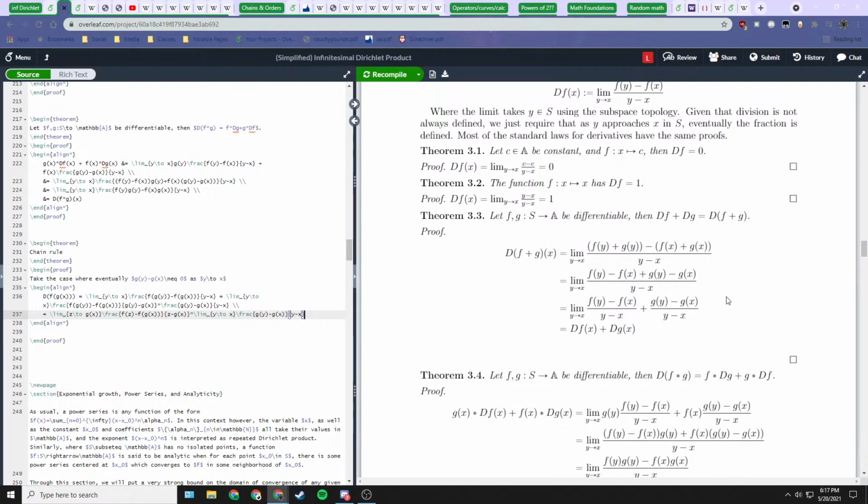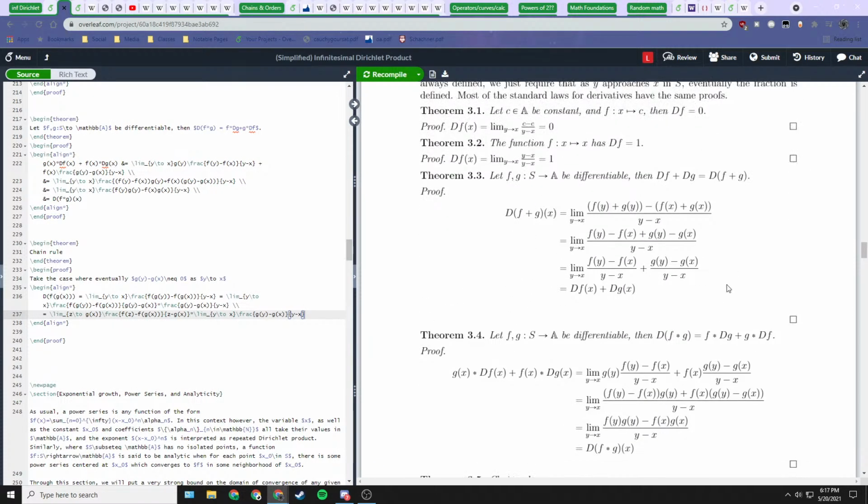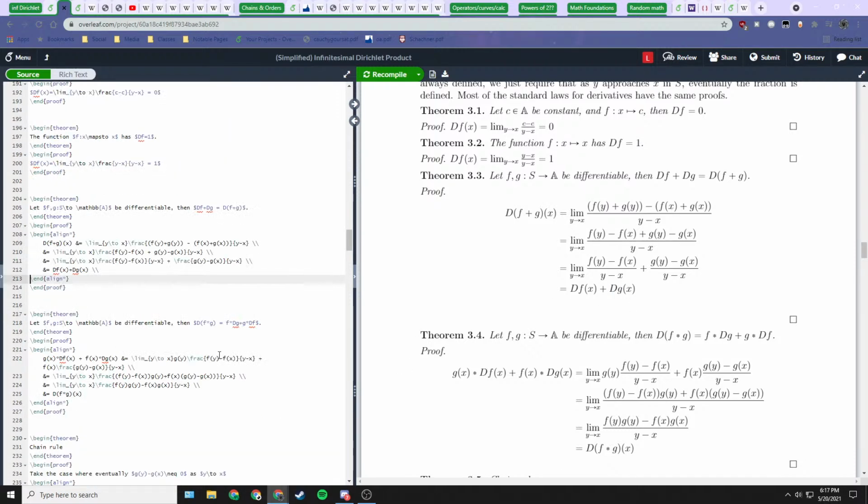Let me also double check these. Let me do these in reverse order also, just like how I did the product ones. I'll rearrange these.